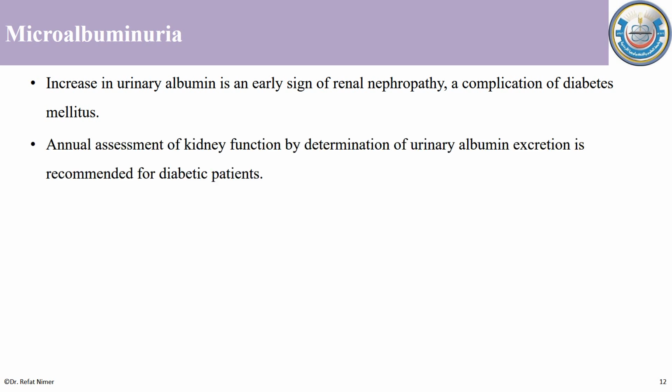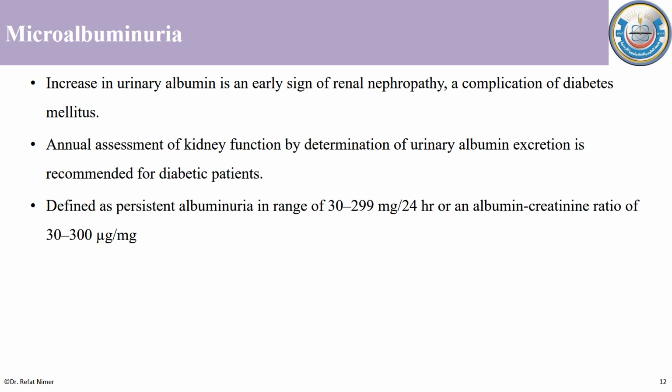Urinary albumin is the first sign that the diabetic patient may develop renal nephropathy. So an annual assessment of kidney function by determination of urinary albumin excretion is recommended for diabetic patients. It is very important to do a kidney function test and check the albumin in the urine.